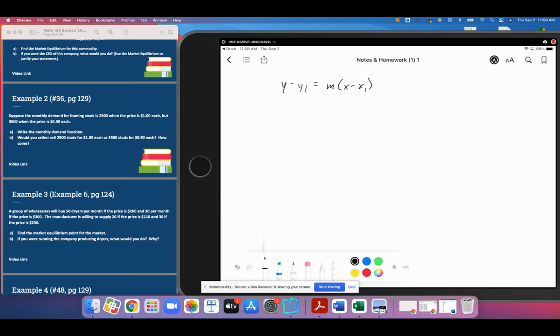So with that, we have 2 points. So we've got to do point slope form. Our first set of points is going to be 2,500, 1, meaning 2,500 boards at $1 each, and 3,500 at 90 cents each. So we will need the slope for this, so I'm going to go ahead and label my x1, my y1, my x2, and my y2, and get my slope function going.